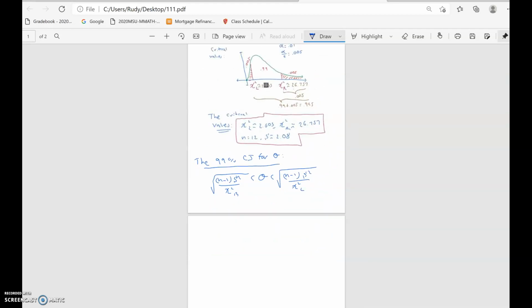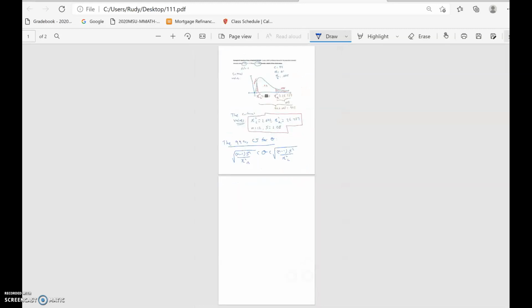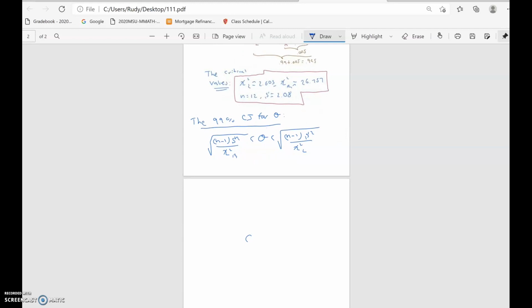Let me just confirm the formula. And then the values that we're going to be evaluating here: sigma is going to be bounded, and this one is going to have the square root of 11 times 2.08 squared over the one on the left, 2.603, and then the square root of 11 times 2.08 squared over 26.757.